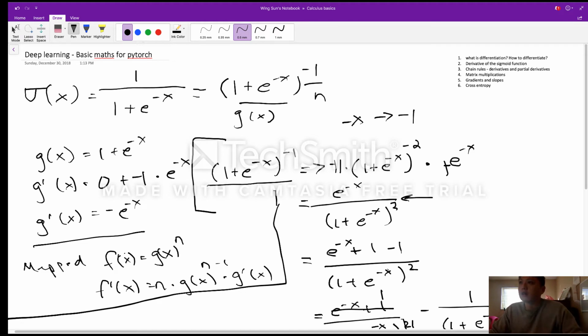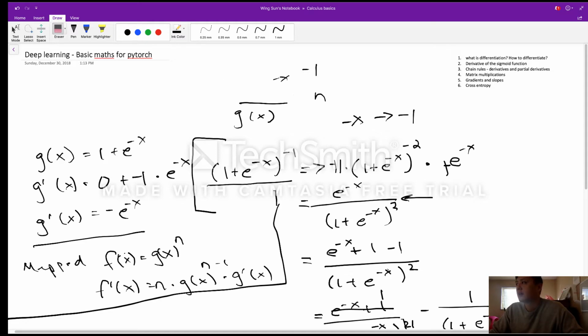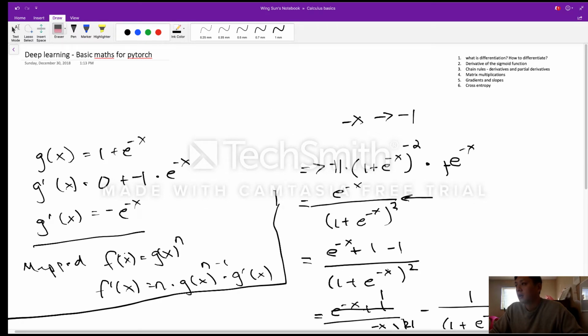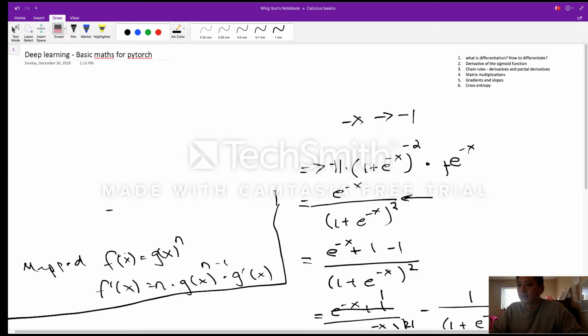Let's look at the chain rule. Now, chain rule is a very important topic, not just, and I feel like I've said this before, but it's a very important topic because not only does it apply to deep learning, it applies to many facets of physics, right?